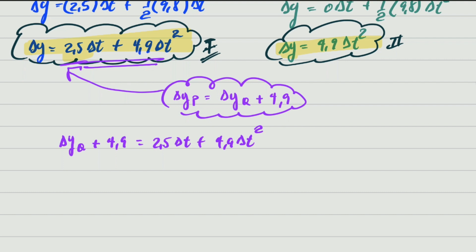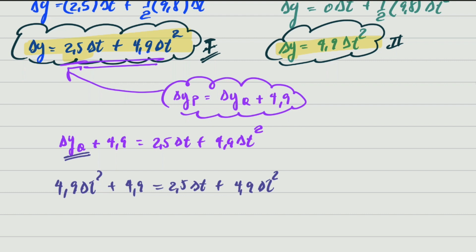This one is just now some calculations here. But remember, we still have to substitute the displacement here, so that is equation 2 will be 4,9 delta T squared plus 4,9 equal to 2,5 delta T plus 4,9 delta T squared.